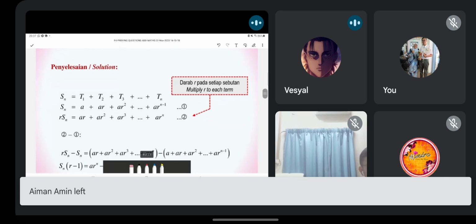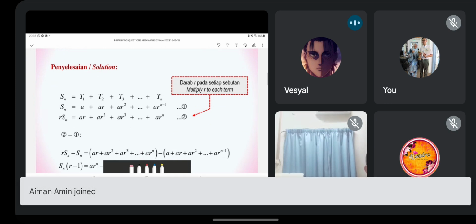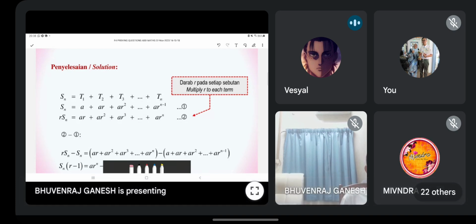For those who don't know the term of geometric progression, Tn equals AR power n minus 1. So we do the same thing first. Sn equals T1 plus T2 plus T3, so on and so forth. T1 is actually A, and T2 is A times the ratio, so you get AR.